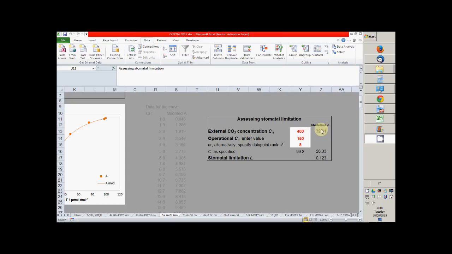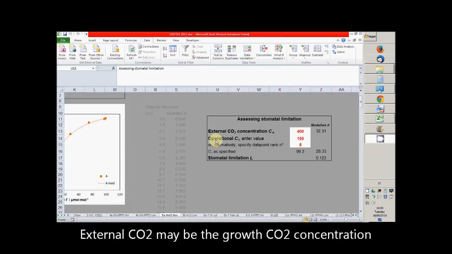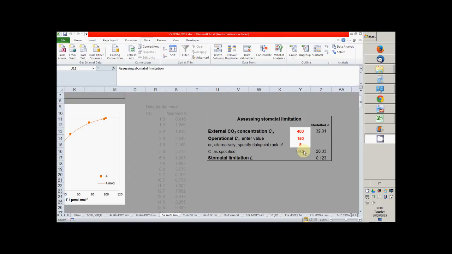The first value for assimilation is calculated under external CO2 concentration. The second value for assimilation is calculated at the Ci, which is corresponding to the external CO2 concentration in operational condition. This may be derived in a separate experiment, or it can be derived from the data of the ACi curve.